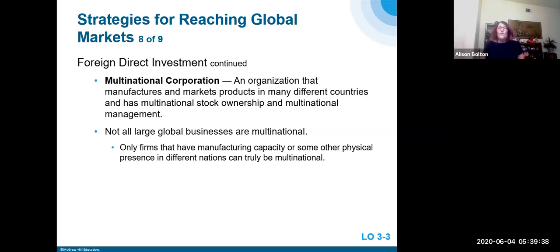The intent was to be a corporation across different nations. So that one will have a lot of bridges that are already established for them to do the work they're doing. And it's true, not all global businesses are multinational. Some only are in some other global countries, not all.